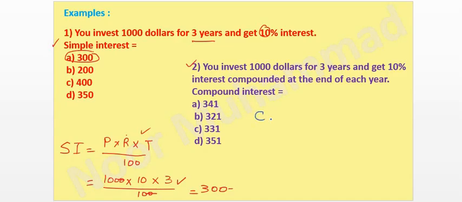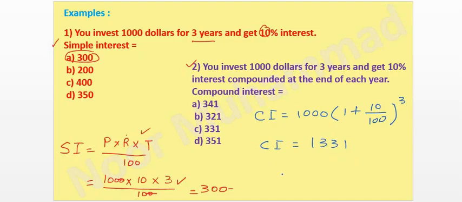We will use the formula. What is the principal value? It's 1,000, and here you write 1 plus 10 over 100, raised to the number of years, so we are investing it for 3 years. So the final answer will become $1,331. Now remember, this is the total amount that you will be paid after 3 years.